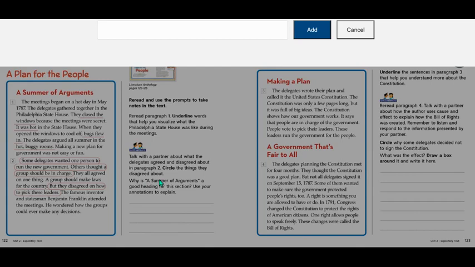Let's write, I learned from this section that the delegates argued over how many people should run the government and how the leaders should be chosen.